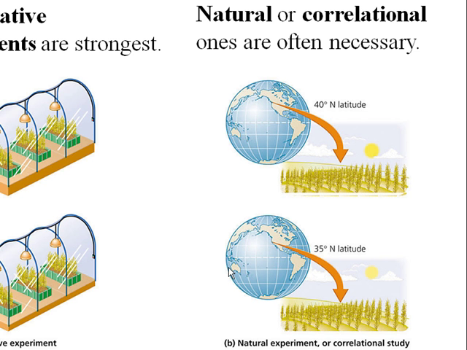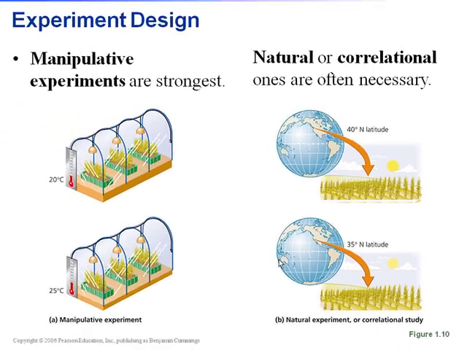Now, the difference between those two experiments is that one is a controlled experiment. In the manipulative experiment, we're trying to control for that one factor. In the natural experiment, we're searching for correlation or statistical association, but we're not able to determine direct cause and effect because there could be a number of other factors besides temperature involved.